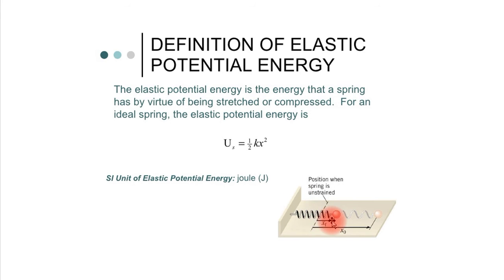This portion is x1. x1 is the length of the spring when the spring is unstretched. Actually, this distance from this to this is negligibly small, and when the spring is in natural position, we measure the length of the spring from this reference line.